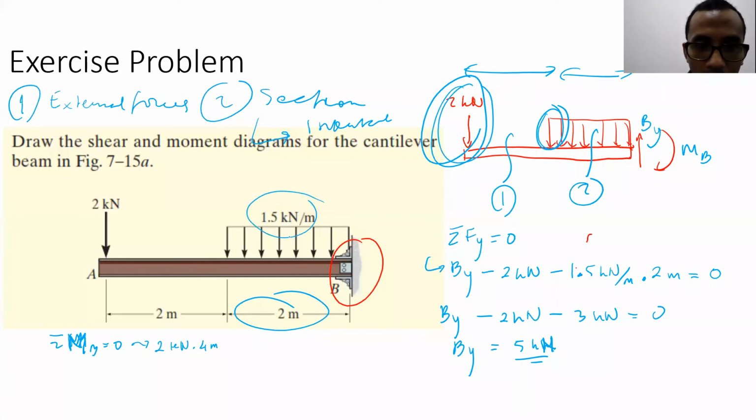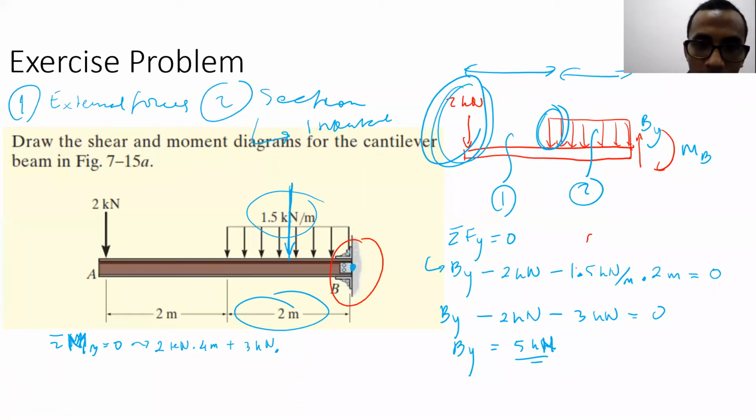Remember, this one is distributed load. So you have to find out the concentrated load first, right? The concentrated load is 3 kilonewton, 1.5 kilonewton per meter multiplied by 2 meters.